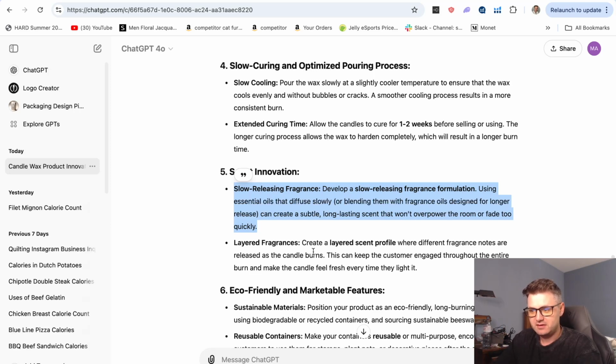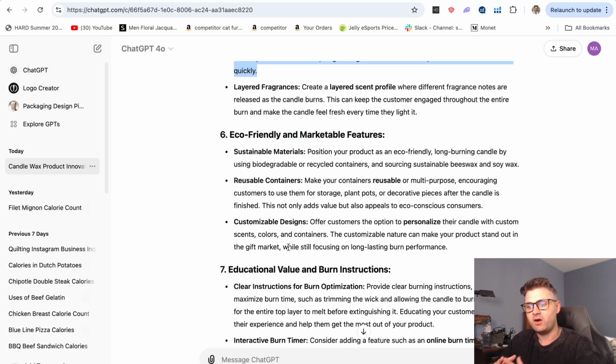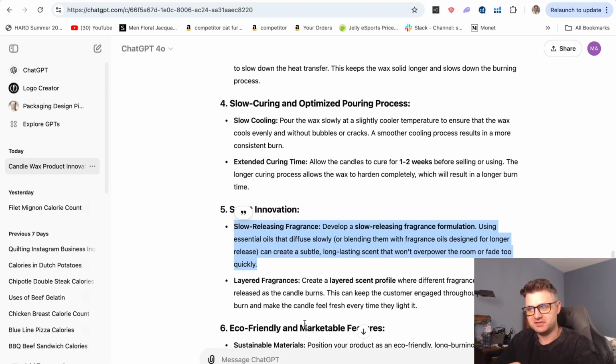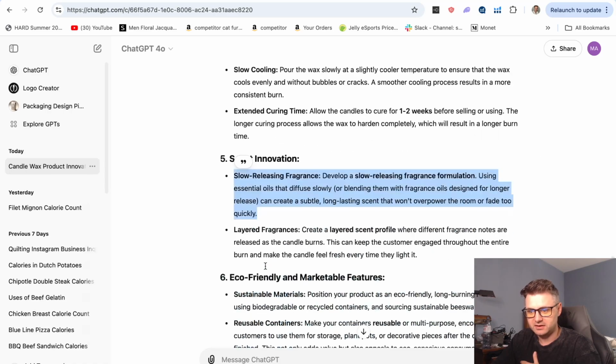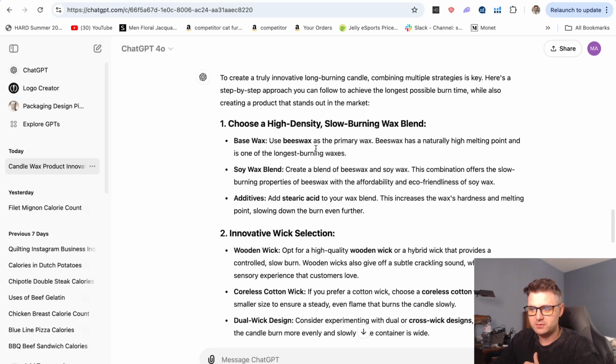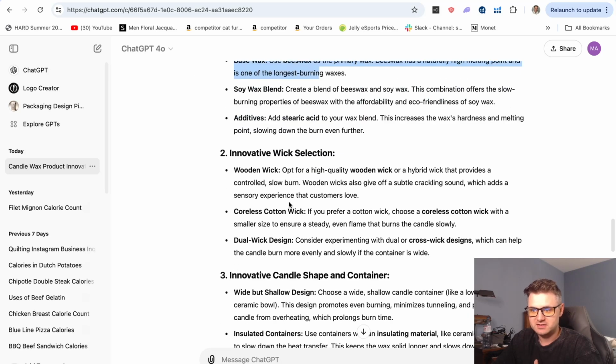So it seems like all of this stuff with candles is a very intuitive process. Every part of the candle has to be perfect, it seems like, when it comes to curing, the fragrance and how fast that comes out. The beeswax being a primary wax that naturally has a high melting point and is one of the longest burning waxes.